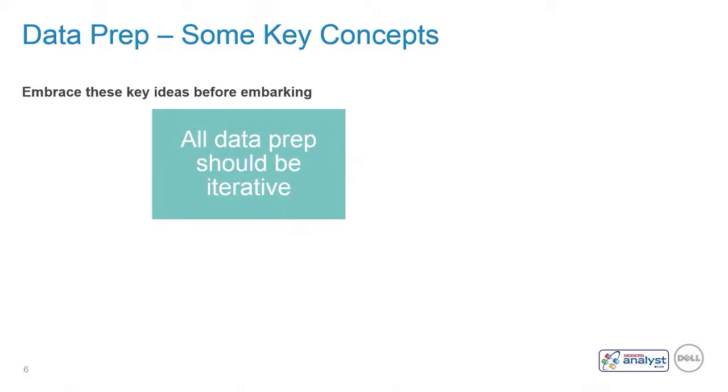So some key concepts we want to focus on to make this all work. The first one is to really embrace the idea of iterative. All data prep should be iterative. I can't think of a single instance in my experience where everybody at the very beginning knew all of the questions they wanted answered, knew the state of the data exactly before they initiated a data prep, data science project.